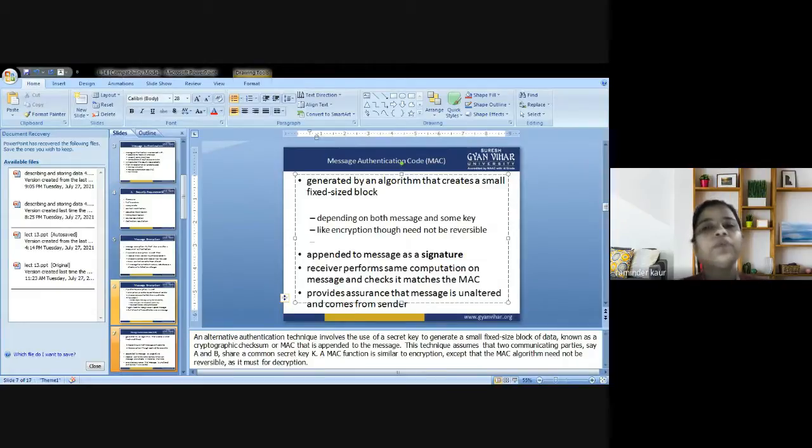It is used to distinguish it from the use of MAC as the media access control address. That is, it is a unique identifier that is assigned to a network interface controller, or NIC, that can be used as a network address in communications within the network segment.